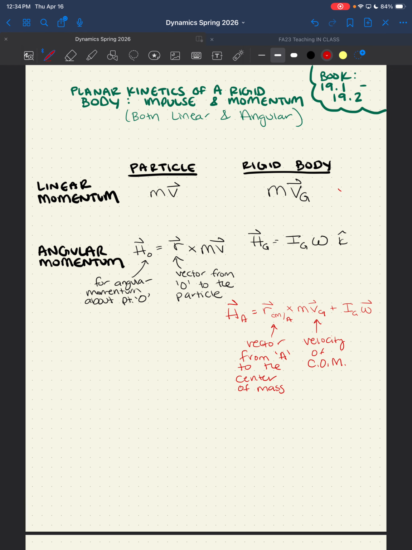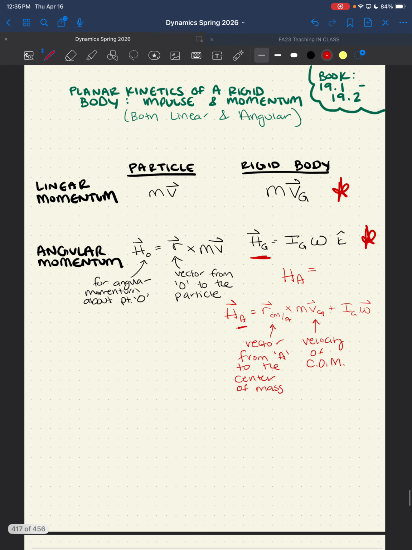We did the linear momentum for a rigid body, and we did the angular momentum for a rigid body if we were finding the angular momentum about the center of mass point G. And then I had a different expression for if we wanted to find the angular momentum about a point other than the center of mass of the body. We called that A, so any other point. And I believe I had simplified it for you into the 2D form.